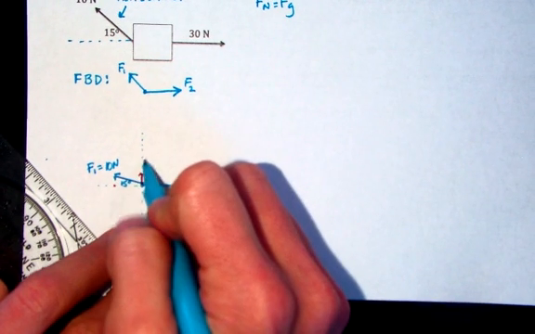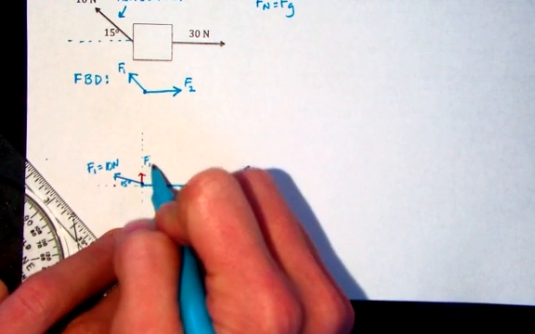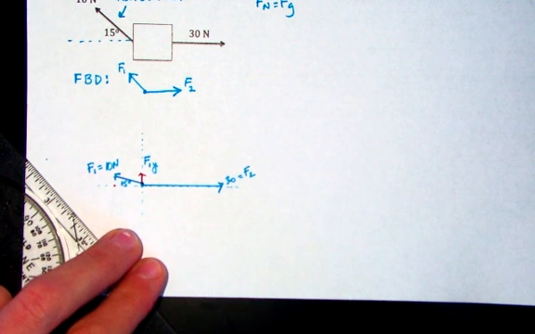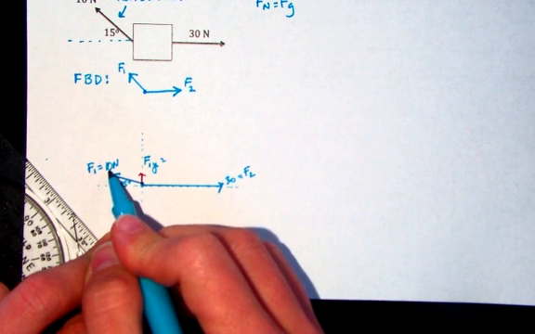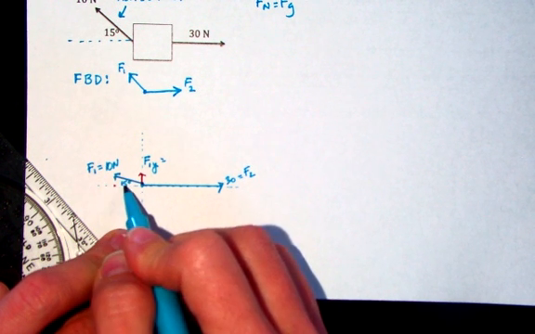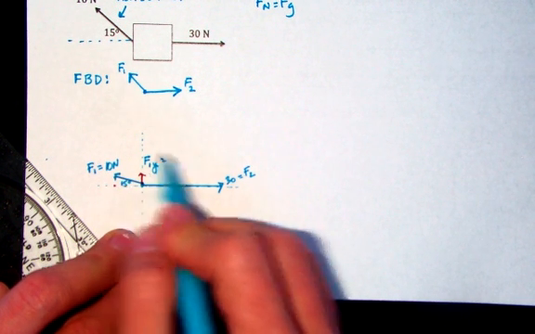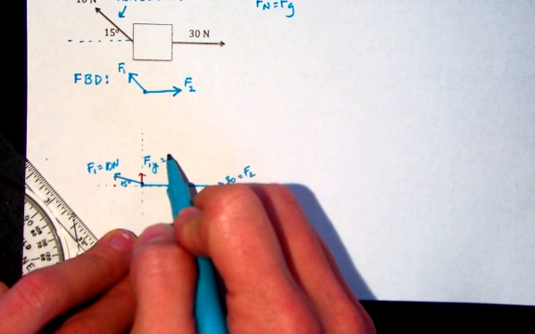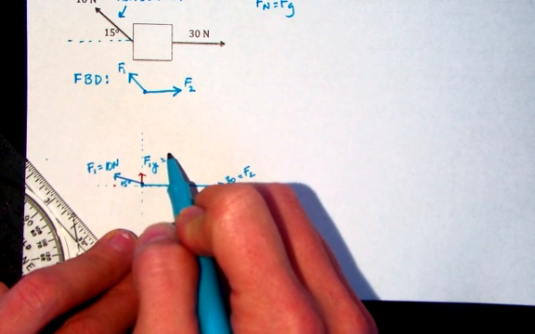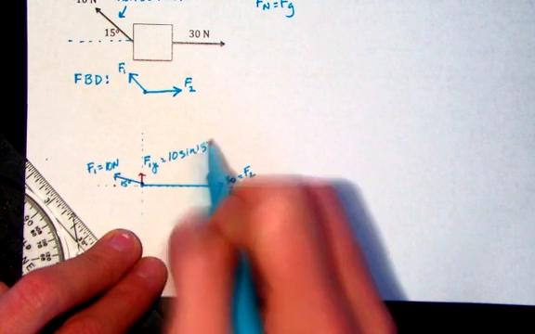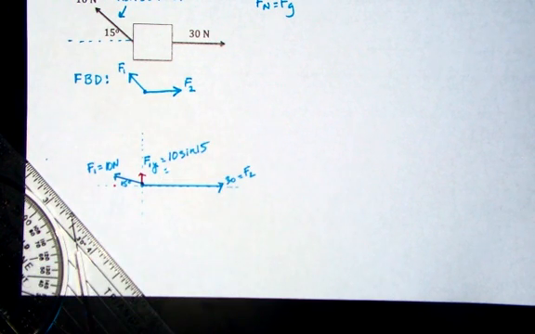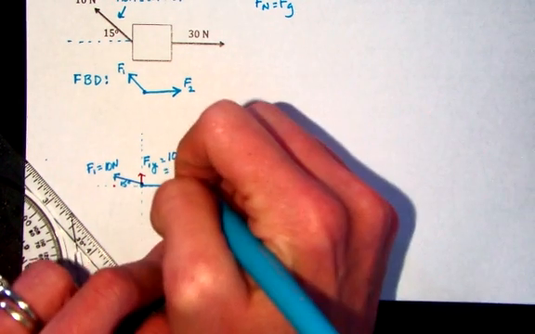So this is F1 in the y direction. We know the equation for the y component, and we have my F1 force, and we have the angle. So what is the equation for F1y going to be? 10 sine of 15. So then this equals 9.66.